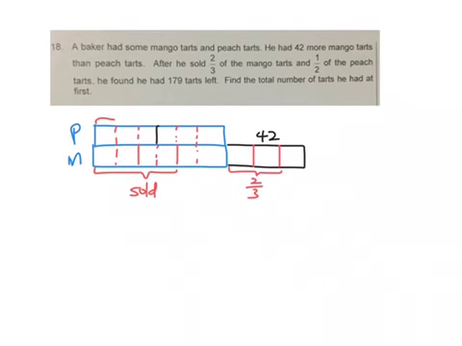The baker sold half, and the rest of the units, 1, 2, 3, 4, 5, plus this part is unsold, and that is 179. So are you able to find out the number of tarts he had at first?